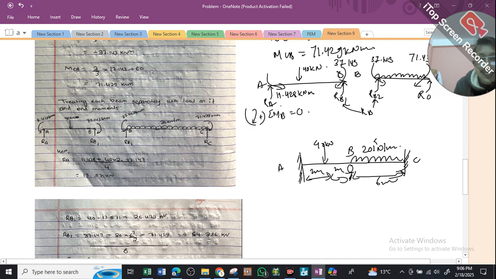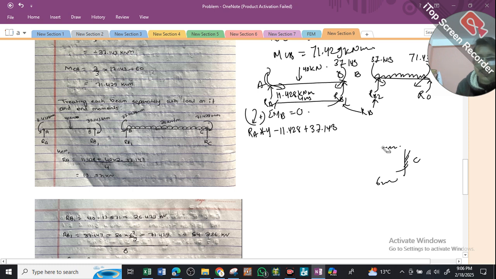RA is acting at a distance of 4 meter and acting upwards, so it's going to produce clockwise moment. So RA into 4. Then 11.428 is negative, anti-clockwise moment, so minus 11.428. At section B, I have another moment of plus 37.143. It's just a really simple calculation of reactions and supports.